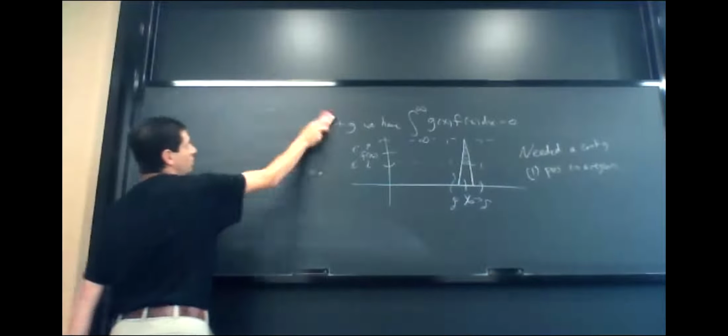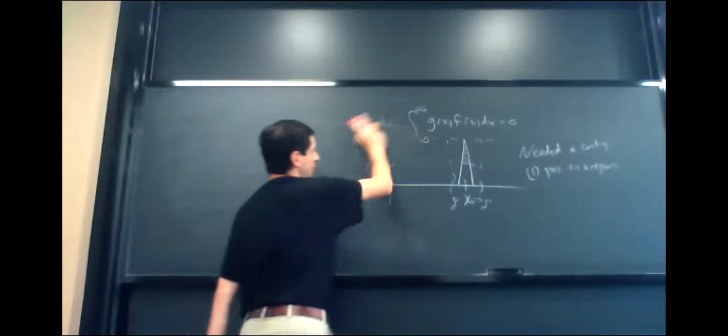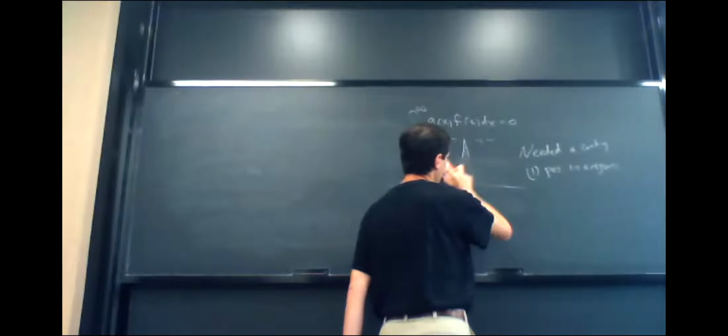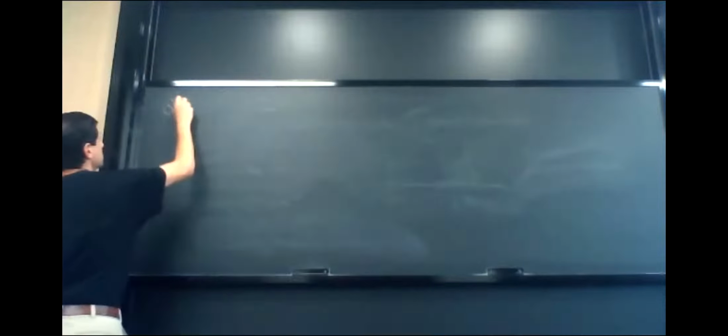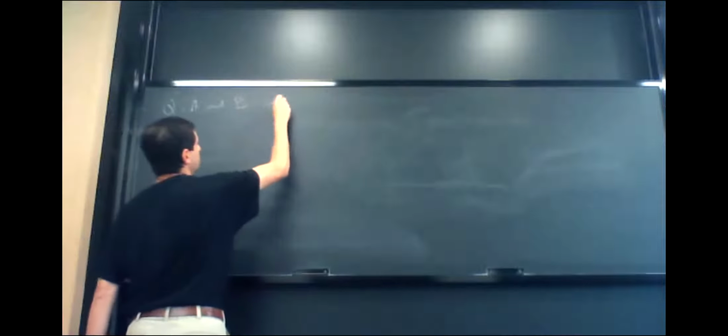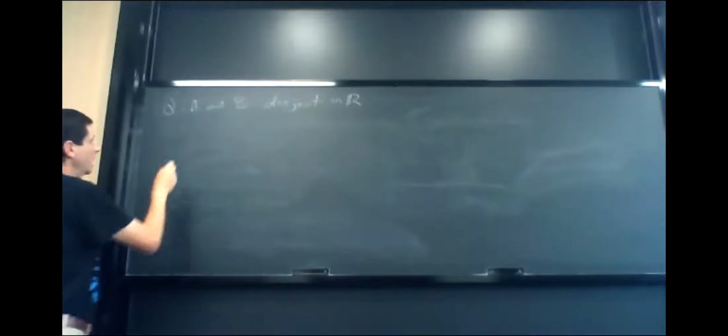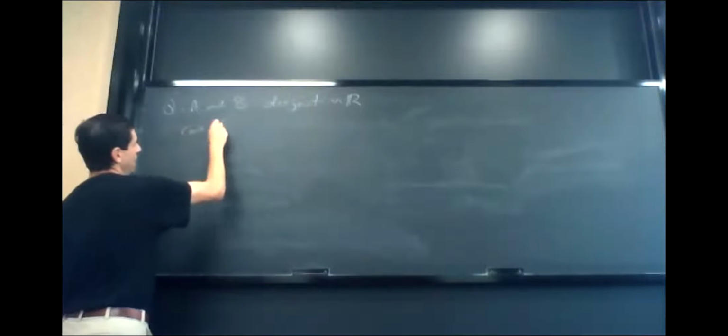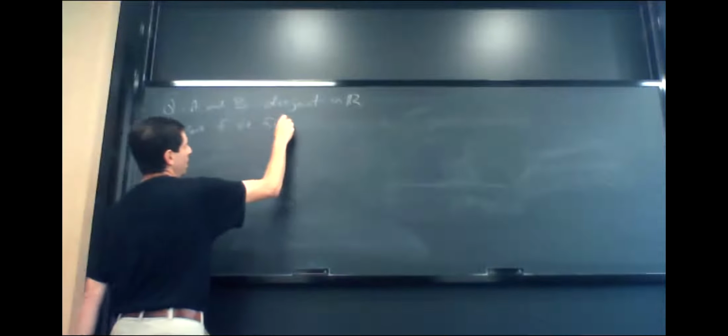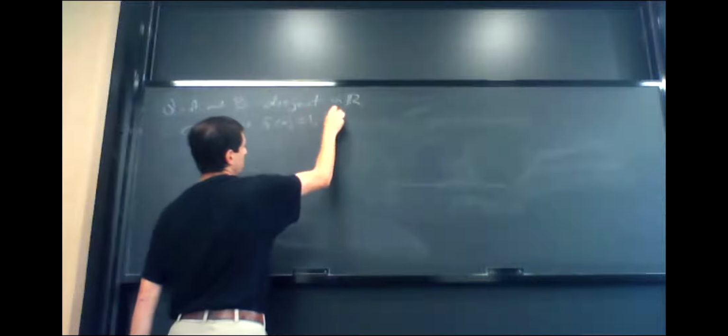So we're going to do a search for functions that have nice properties. And so here's the question. A and B disjoint in R. I want a continuous f such that f of A equals 1, f of B equals 0.